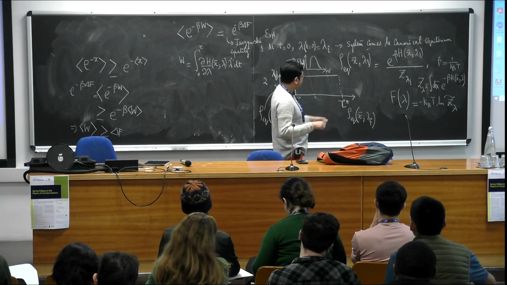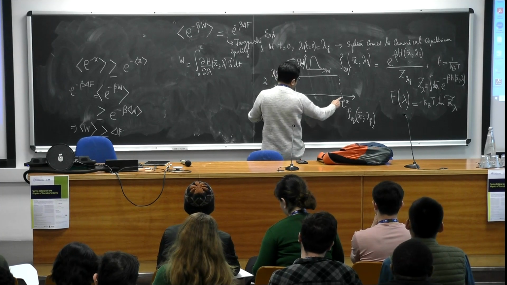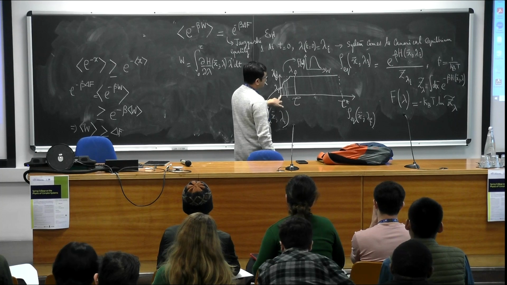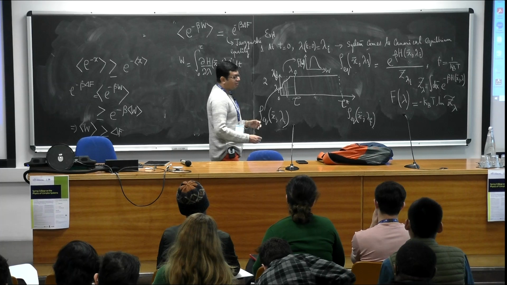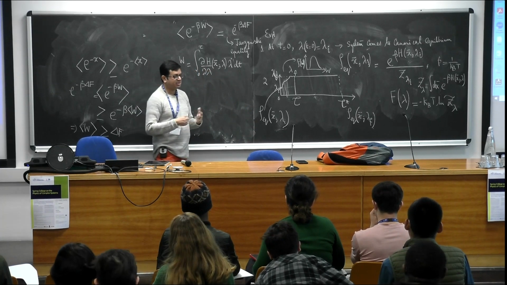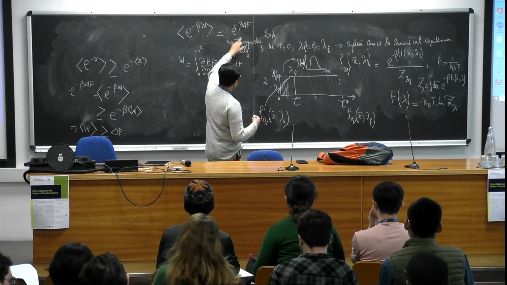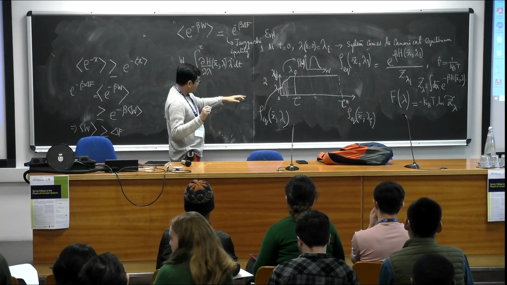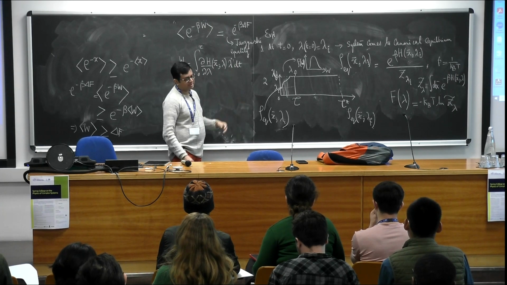So W, the quantity itself, is 0, while delta F is defined with respect to these two times, 0 and tau star. 0 is when the system was initially in equilibrium, and tau star is when the system is again in equilibrium. So you have two sides of an equation referring to two apparently different situations. The left hand side refers to the time 0 to tau, the right hand side refers to the time 0 to tau star. And again, the left hand side in principle should depend on how lambda changes as a function of time, but the right hand side doesn't.